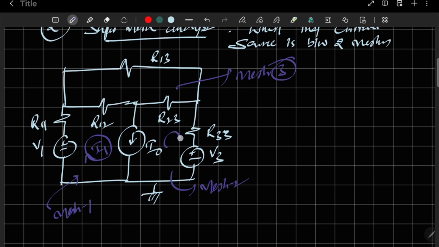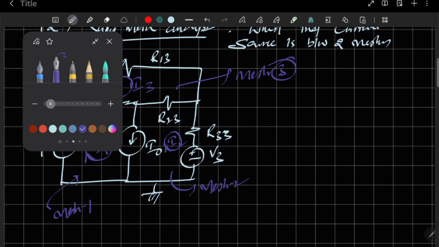Mesh current I1 is indicated, mesh current I2 is indicated, mesh current I3 is indicated. We will assume that you don't know about the super mesh, and simply go with the procedure of the mesh analysis only.